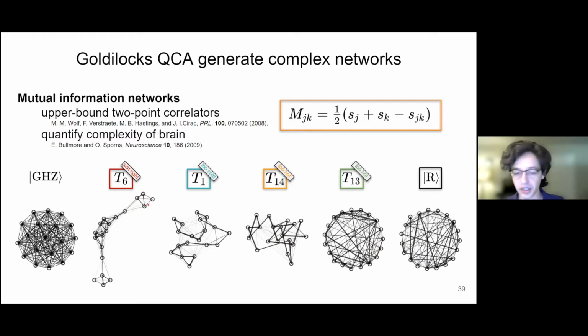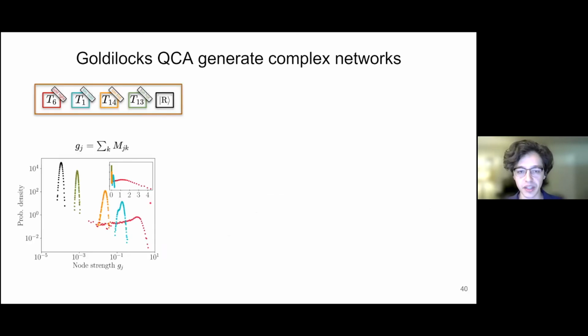So let's do some better quantification of these networks with some network measures. The first one I'll look at again is this node strength. And I'm plotting here the distribution of node strengths over the entire system, as well as over late times in the evolution to build up statistics.